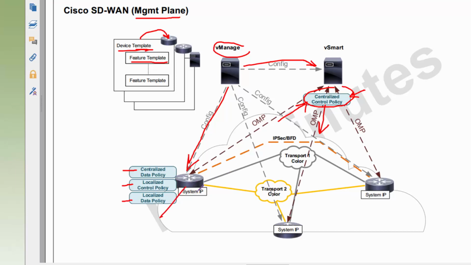So if this device has multiple interfaces, then the policy will be applied at those interfaces, as opposed to either from transport or from service, and that's per VPN for the centralized data policy. So that's the differences. For the most part, localized data policy is used to configure QoS and traffic mirroring.